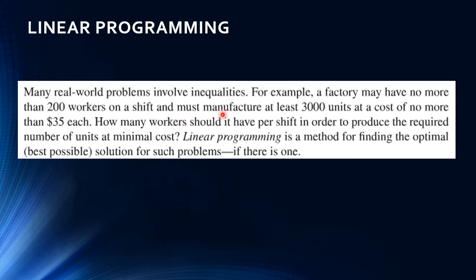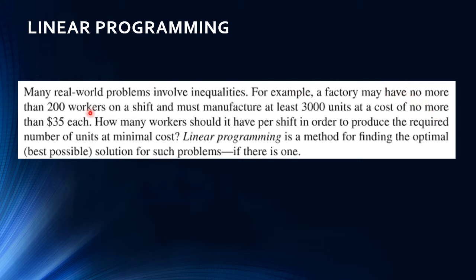And must manufacture at least 3,000 units, okay? At least is actually a greater than or equal to, right? I have to manufacture at least 3,000 units, so I have to manufacture 3,000 or more, or greater than or equal to 3,000. Again, the word least tends to make us intuitively think of less than, but at least means greater than or equal to.